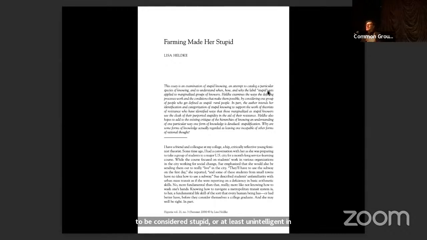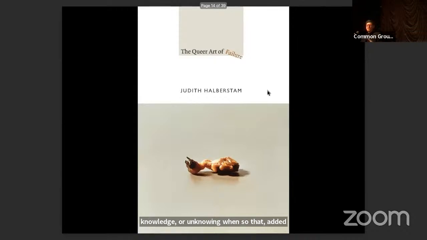And that the idea that getting actually into the place where food is made somehow reduces your knowledge credibility. It was fascinating and shocking. And of course, Lisa is a brilliant writer, so it all comes into this wonderful argument for stupid knowledge or unknowing. And so that added to my sense of things.